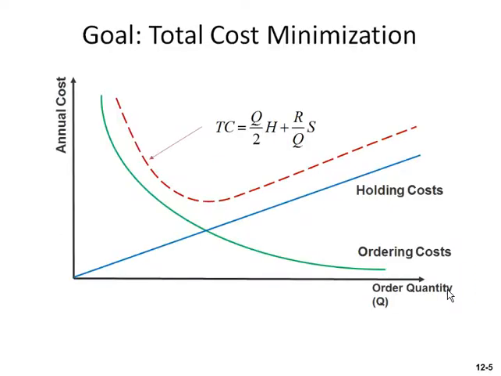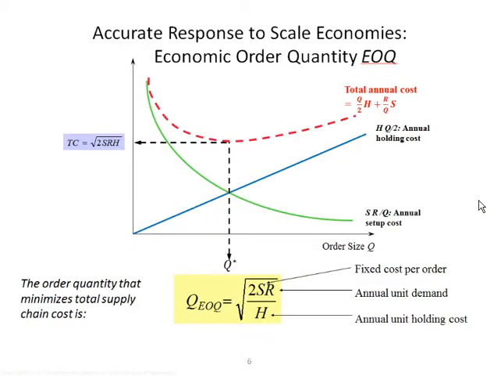If we superimpose all three cost functions, the horizontal line represents the order quantity Q and the vertical line represents our annual cost. This is annual holding cost, annual ordering cost, and this is the total cost function. Where is the total cost function minimized?